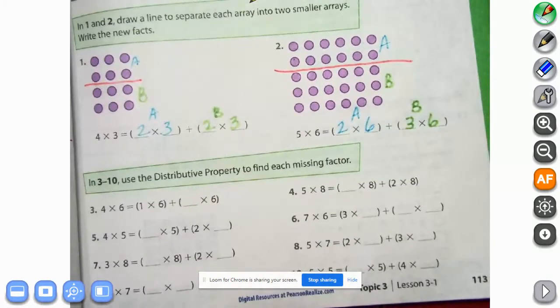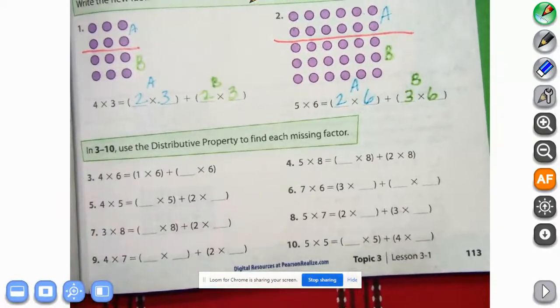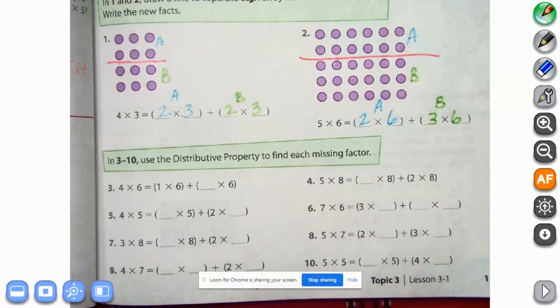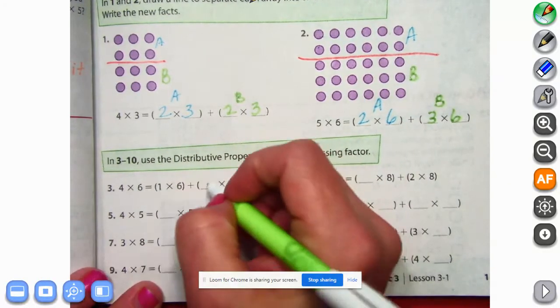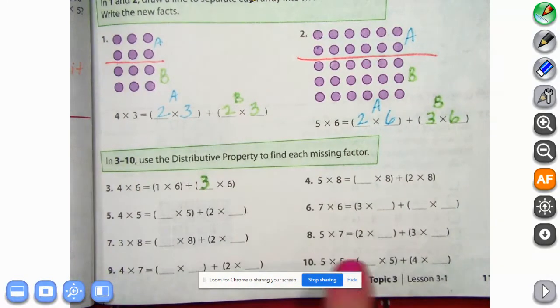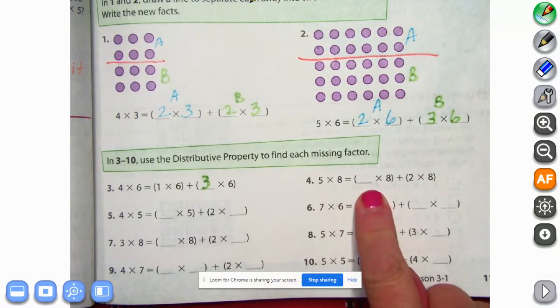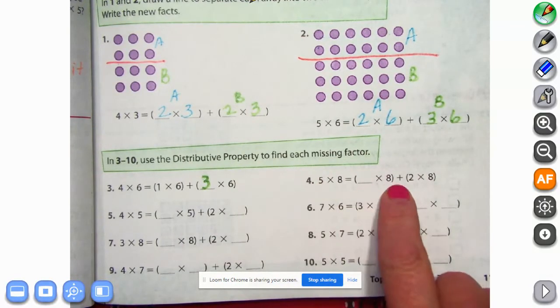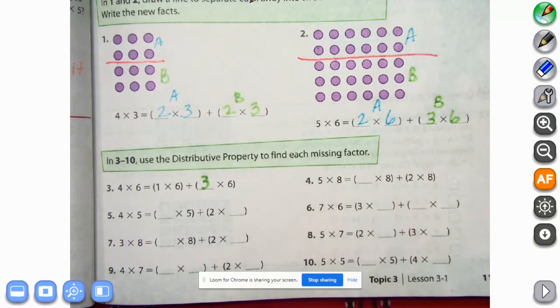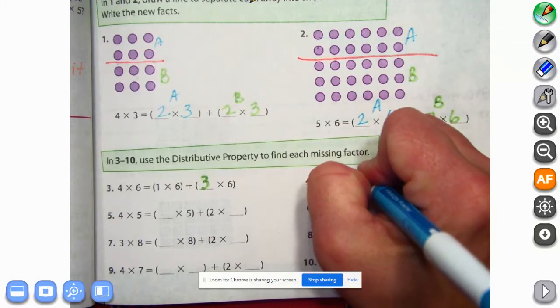All right. So down at the bottom, you should have these all done already. So we're just going to go through the answers real quick so that we can get moving. All right. So 4 times 6 can be broken into a 1 times 6. And what's 1 plus 3 equals 4. Okay. Number 4, 5 times 8 can be broken up into what times 8 plus 2 times 8? Well, 2 plus what makes 5? 2 plus 3 makes 5.